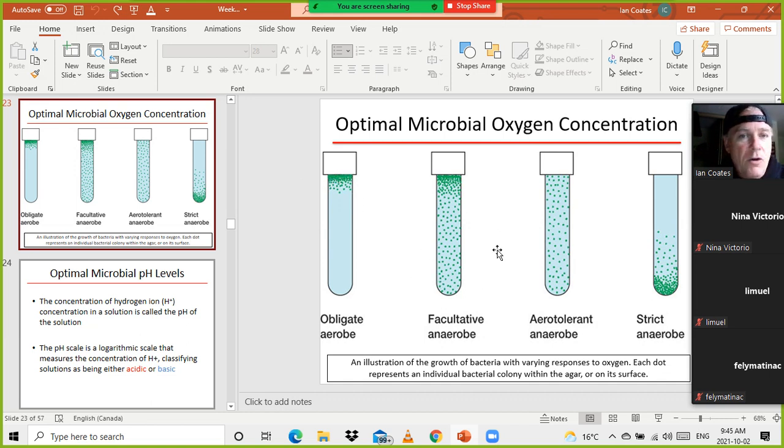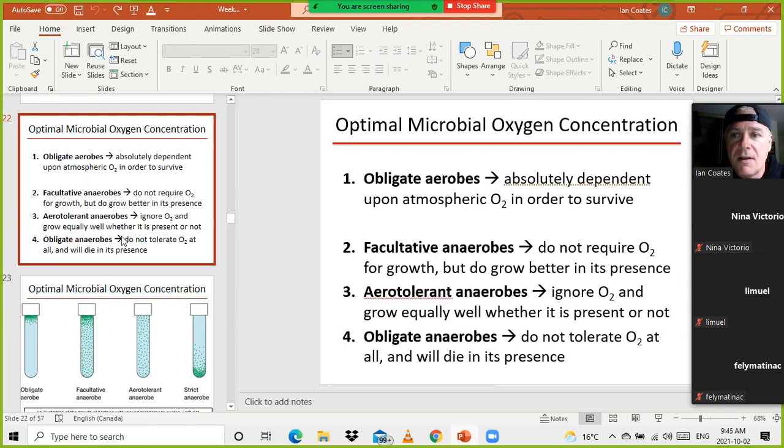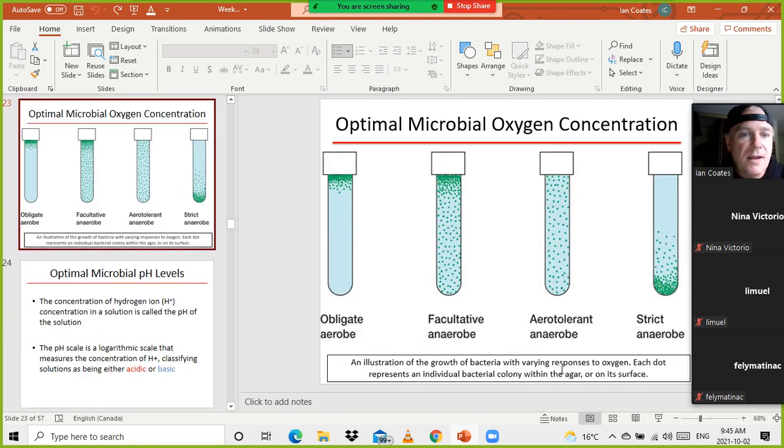Facultative anaerobes are okay; they grow better with it, but they're okay without it. The aerotolerant anaerobes, it's all good. They're not hanging out here hoping and praying for a little oxygen. They're doing all right. And then you've got the strict anaerobes, the obligate ones. These ones, no.